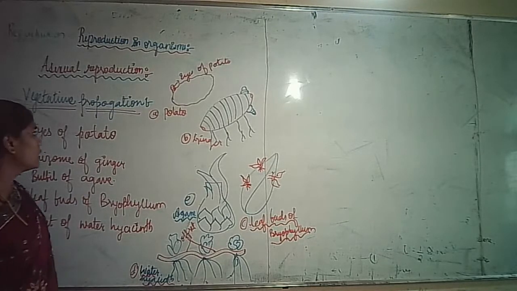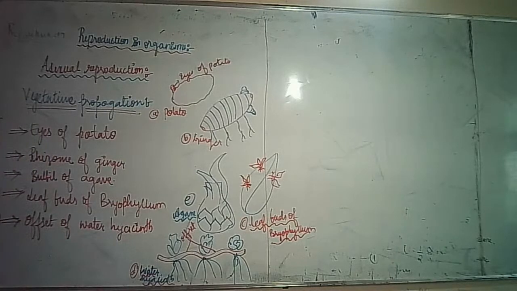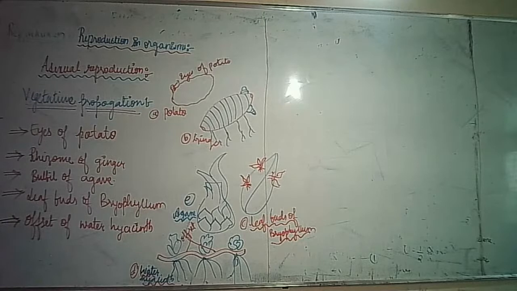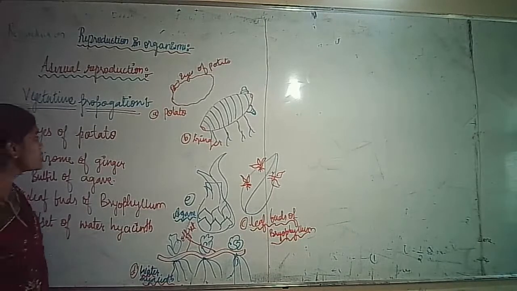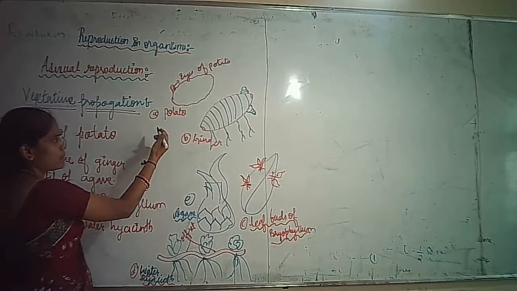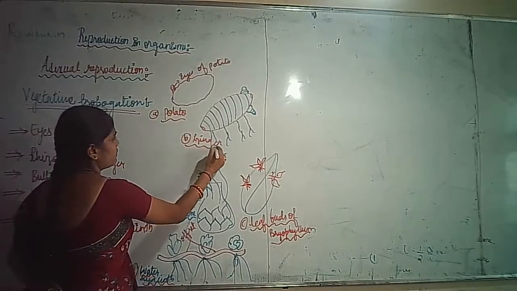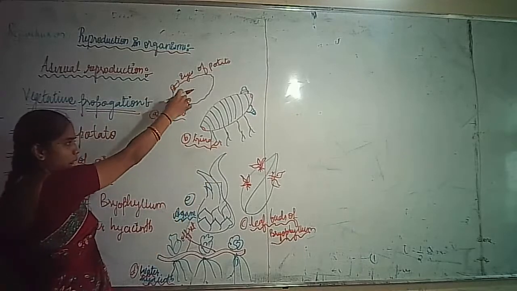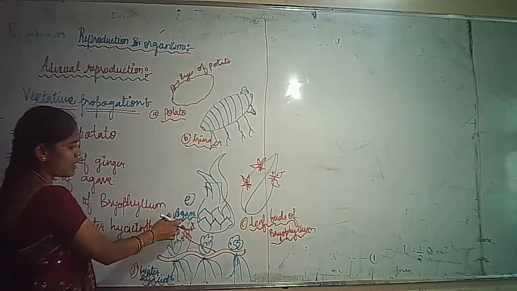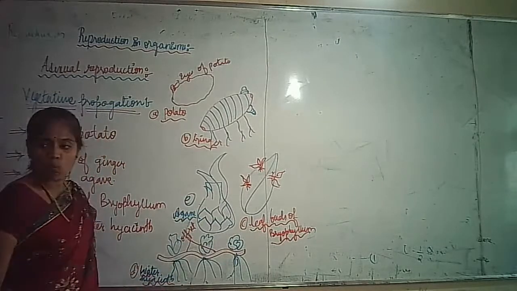That is, you can see here, vegetative propagation. In plants the term vegetative reproduction is used. In the different types of plants you are able to see potato, ginger, leaf of Bryophyllum, agave, and the water hyacinth.